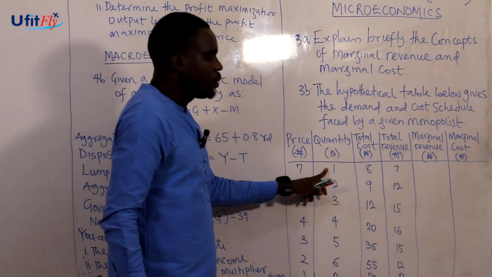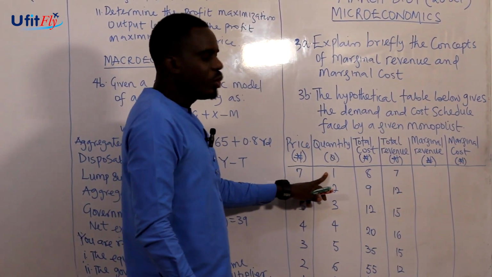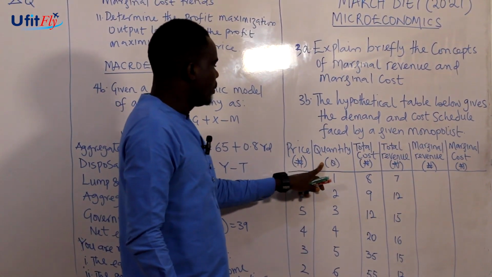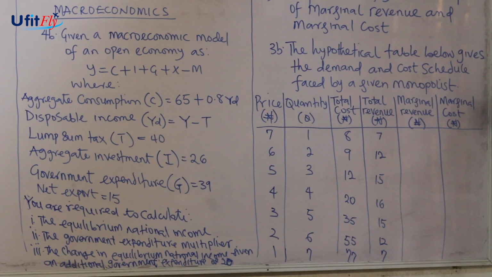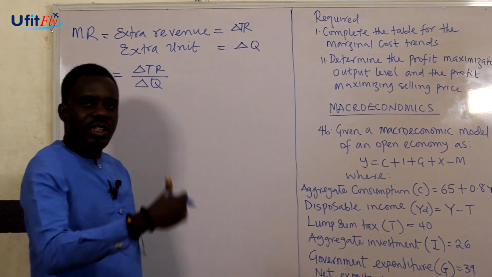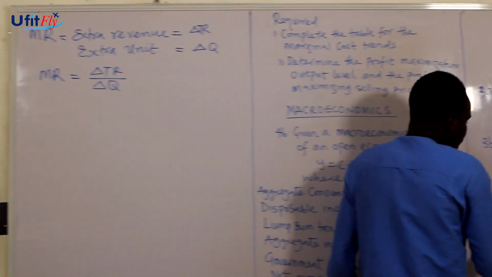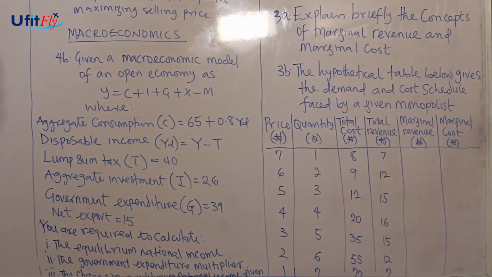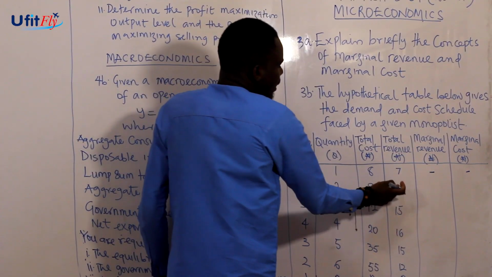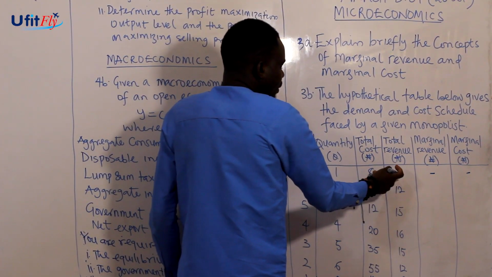For the first unit sold, because we do not have an initial value, that's why we always have dash, dash. This is because for us to obtain marginal revenue, there must be an initial value. But from the illustration, there is no initial value. Going to the second unit, the initial quantity was 1, while the initial total revenue was 7.